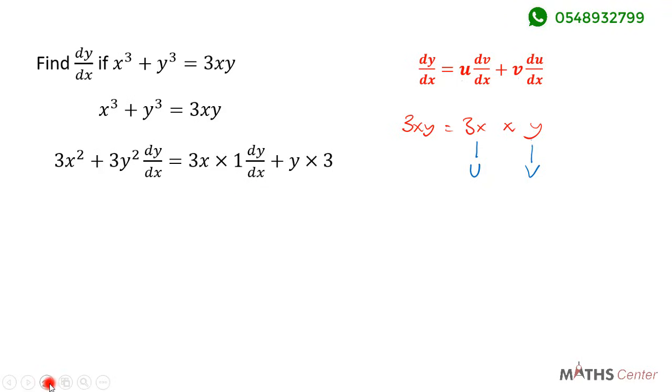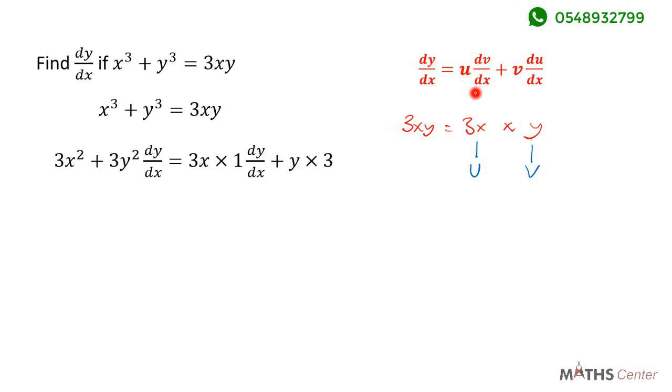So I'll quickly go over this in case you missed something here. 3xy is a product, so we have to treat it as a product. Okay, so what I will choose to do here is that I will separate 3xy into 3x times y. So the 3x becomes my first term, which is u. The y becomes the second term, which is v.